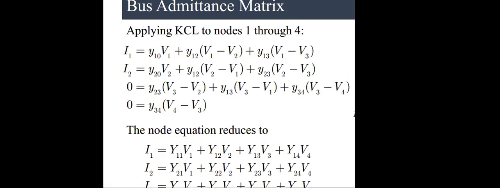Right, correct. So if you have written Y11, write Y12 as well. Y11 is the self admittance or driving point admittance.